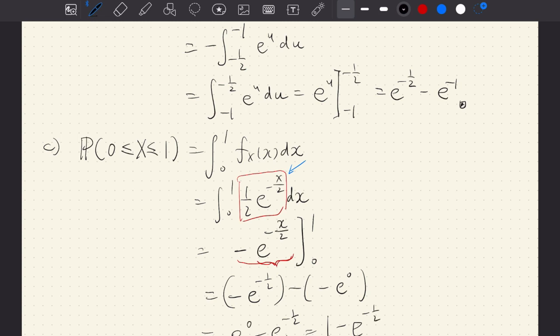Okay, so this is our final answer. Okay, so now we know that for a continuous random variable, if you're given the function, then you can evaluate the probability of this variable taking on any interval of values. And the way you do it is just to integrate its probability density function within this interval.